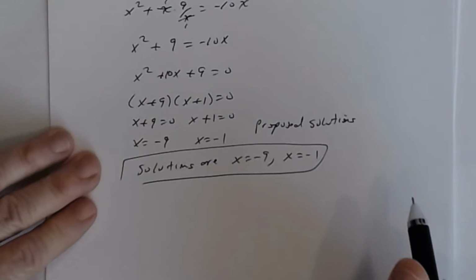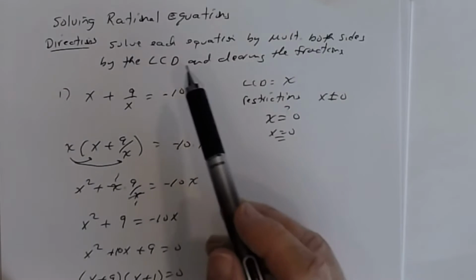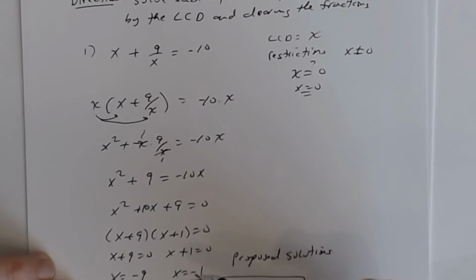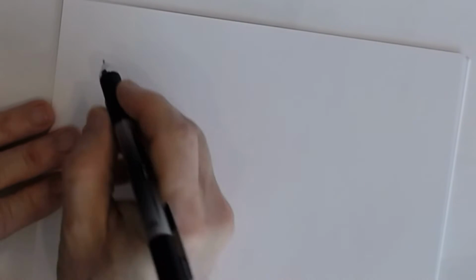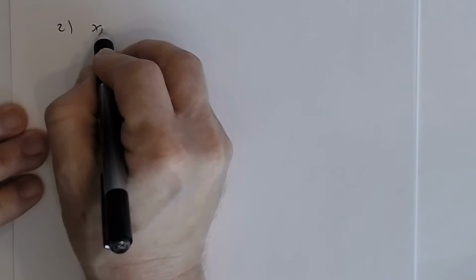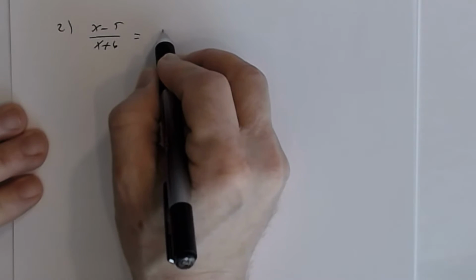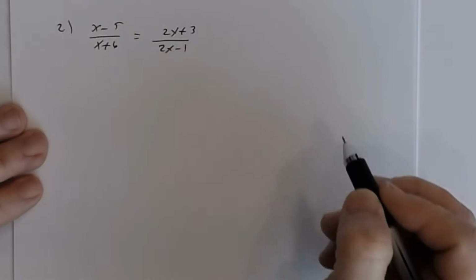That's how you do this when the direction says solve by multiplying both sides by the LCD and clearing the fractions. Don't do it any other way. All right, so that's number one. Let's look at number two. We have x minus 5 divided by x plus 6 equals 2x plus 3 divided by 2x minus 1.